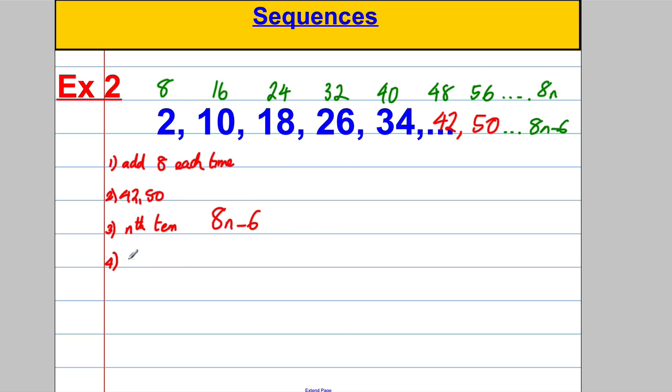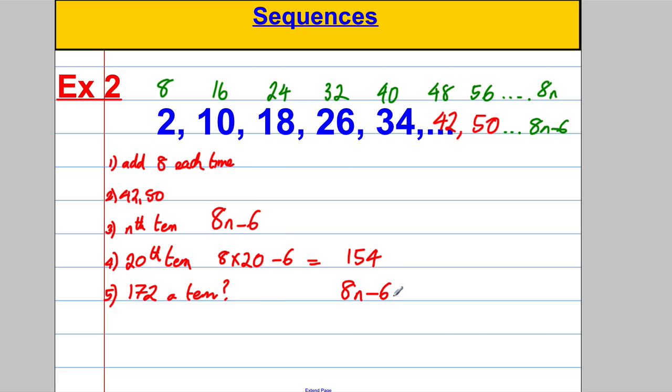You might be asked what's, let's say, the 20th term, and you would do 8 multiplied by 20 subtract 6, which is 160 subtract 6, which is 154. So that would be as simple as that. And lastly, you might be asked something like, is 172 a term? So you would let 8n subtract 6 equal to 172.